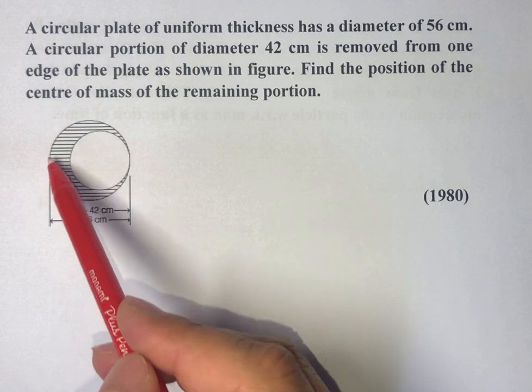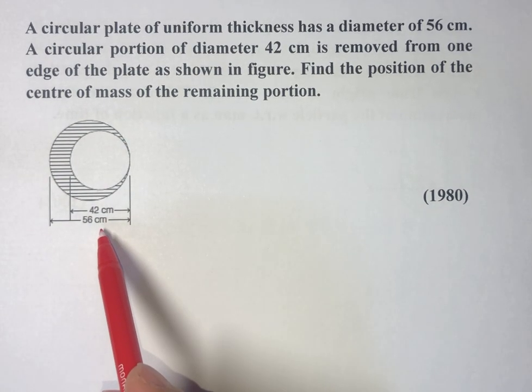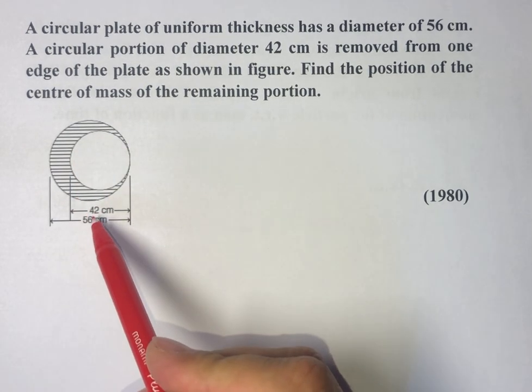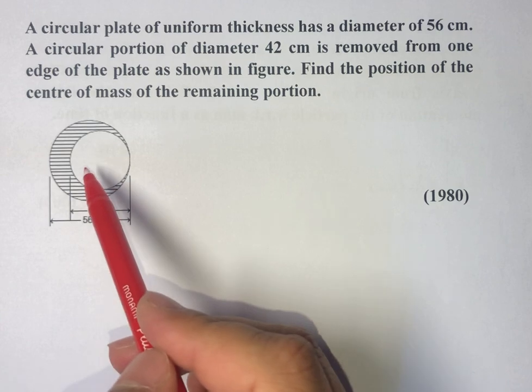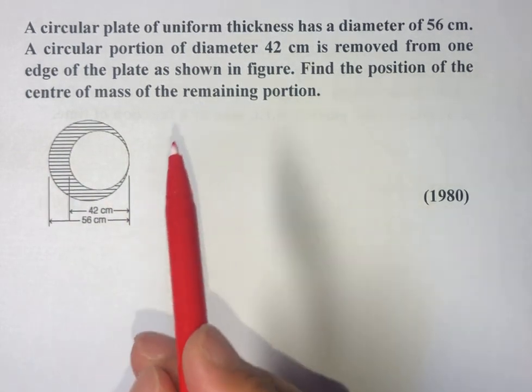So we have a bigger circular plate of diameter 56 and from which a smaller portion of diameter 42 from one of the edge is removed, and we are supposed to find out the center of mass for this shaded region.